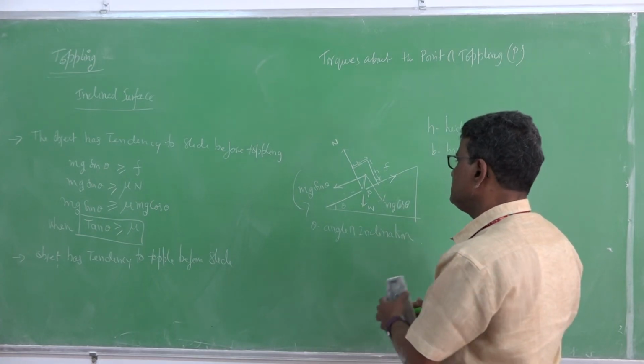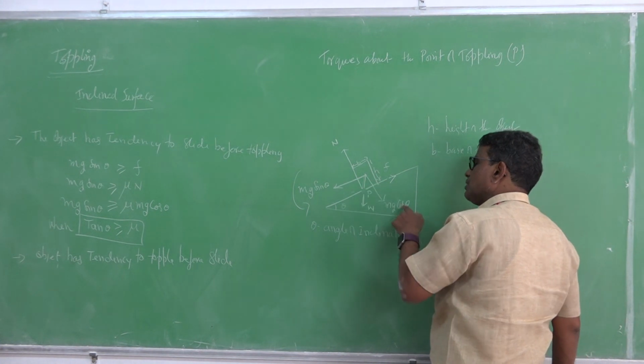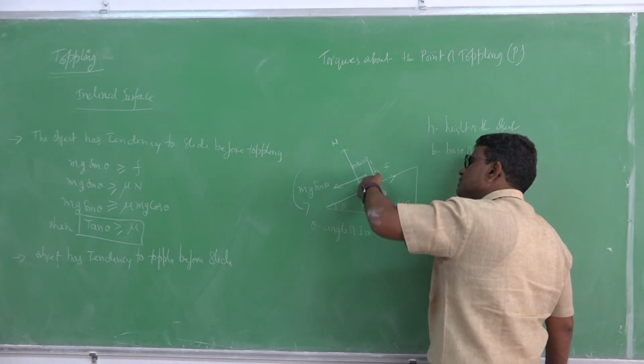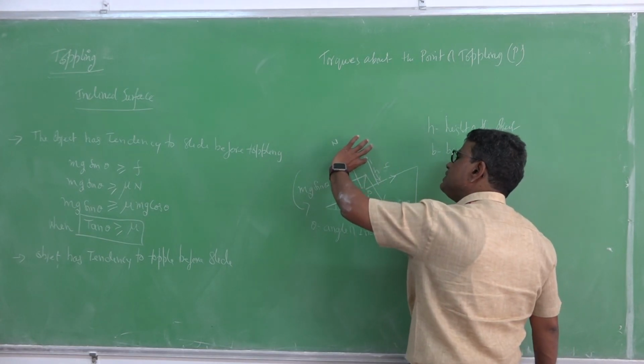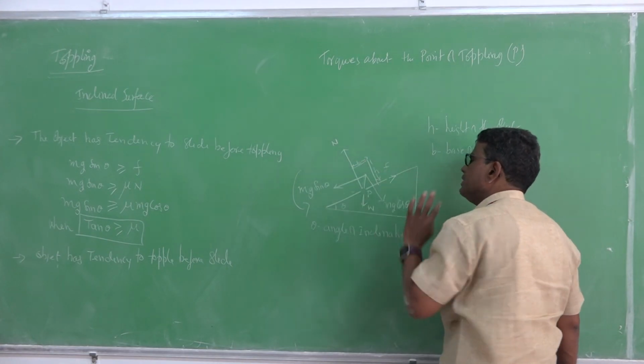This component becomes mg cos theta. The torque of mg cos theta about this point is force into perpendicular distance, where the width of the object is b, half of that is b by 2.